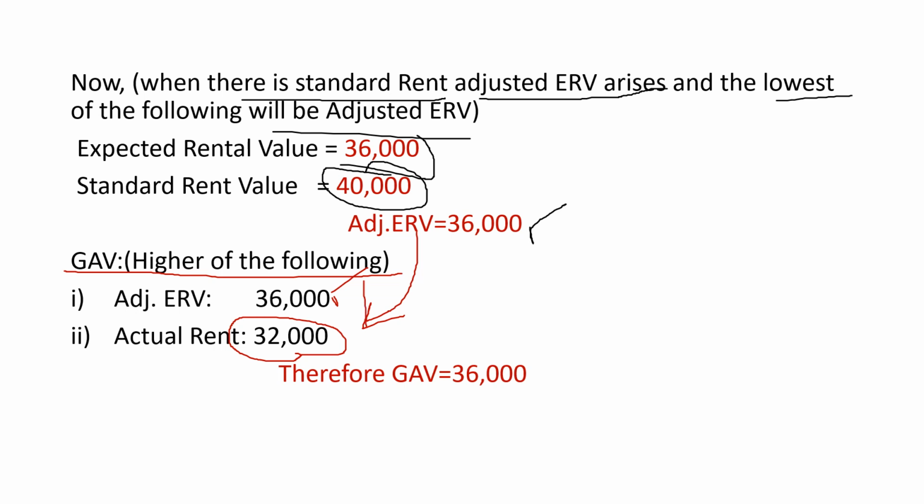So out of these two things, higher will be considered as GAV. So GAV is 36,000. So therefore, this is the GAV for house 4. So this is the method of calculating GAV when standard rent is given.